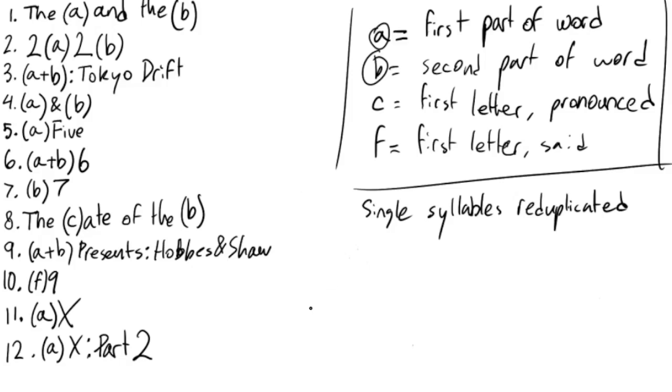So you take 9 and you say the thing you're counting is the hour. So the 9th hour would be hour presents Hobbs and Shaw. I'm just going to abbreviate that to PHS, but you've always got to pronounce it fully. Hour PHS, hour presents Hobbs and Shaw, that's 9.